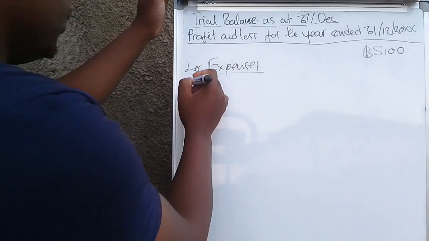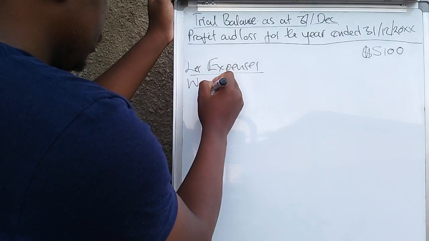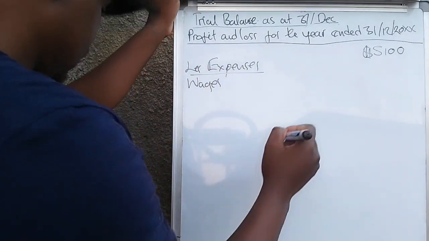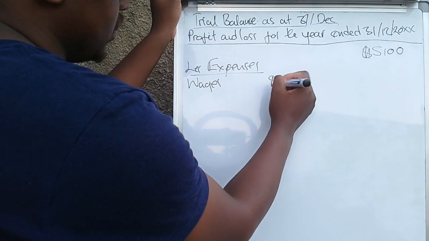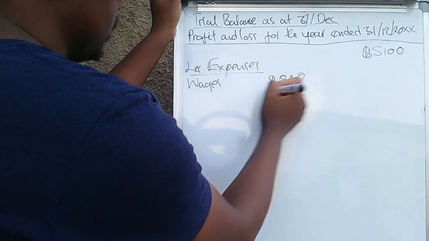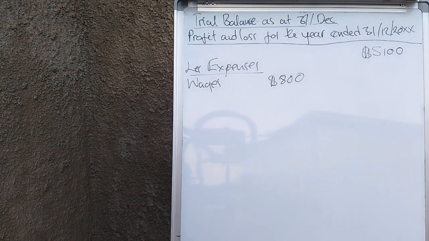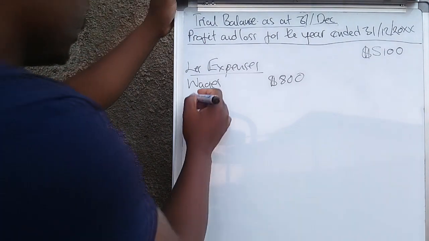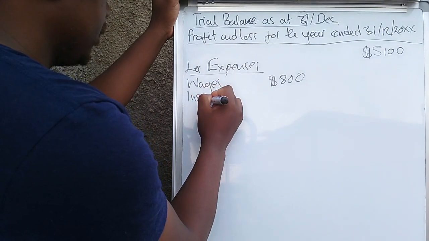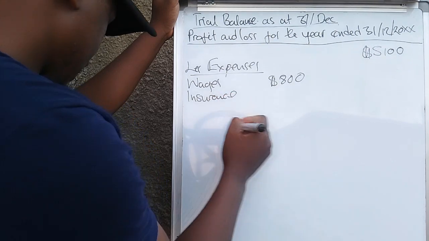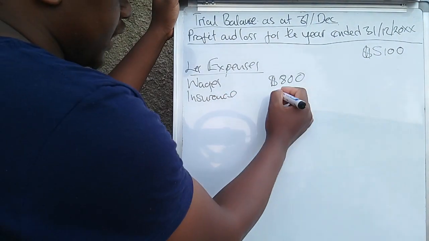We have wages, wages 800. We also have insurance, at 300.